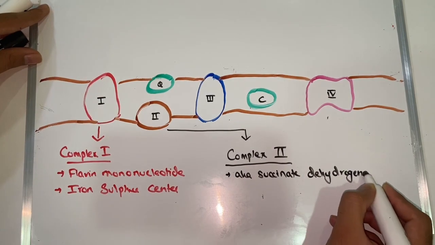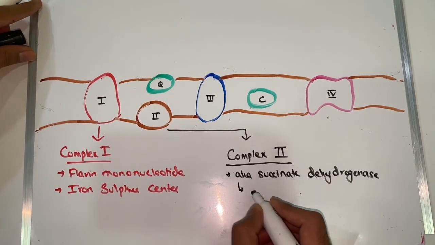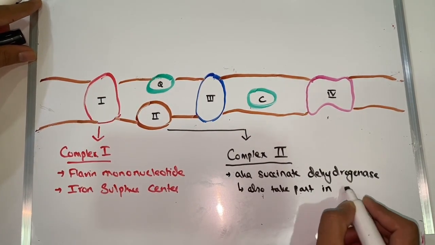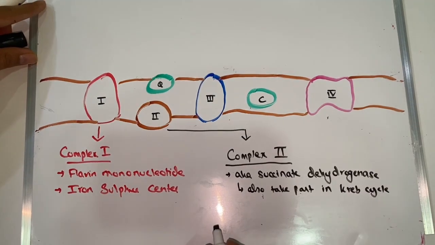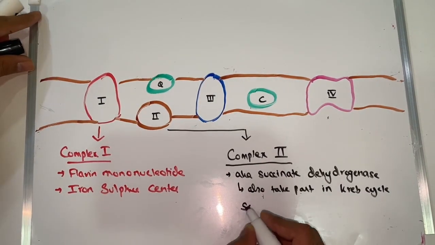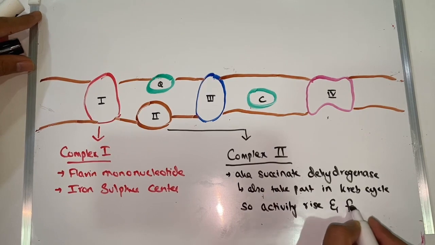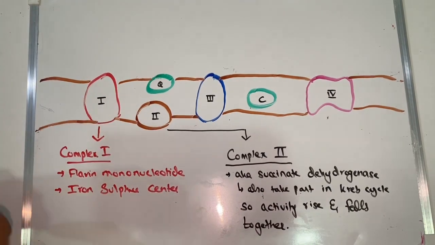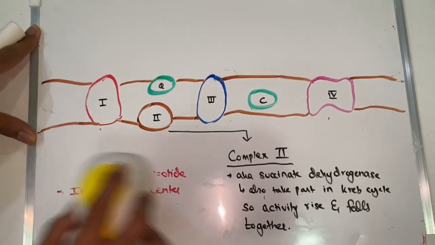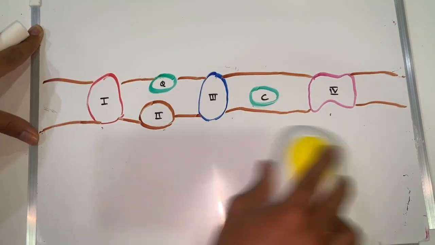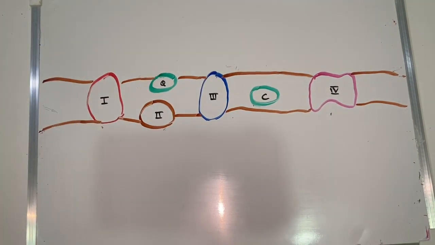also known as succinate dehydrogenase, which also takes part in the citric acid cycle, which is also called Krebs cycle. So its activity rises and falls together. The process basically starts in complex 1 and complex 2.